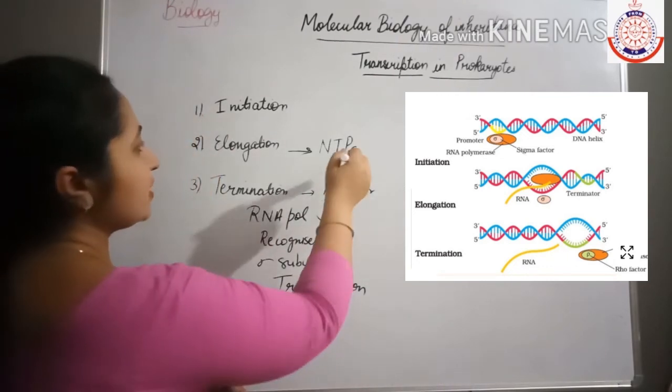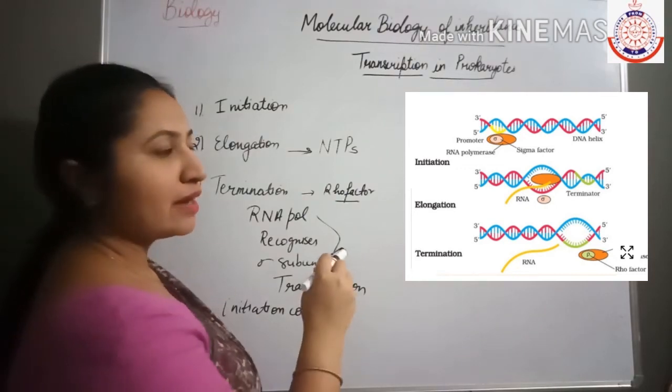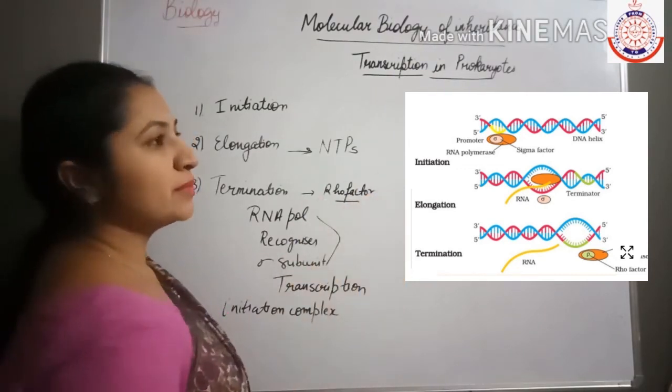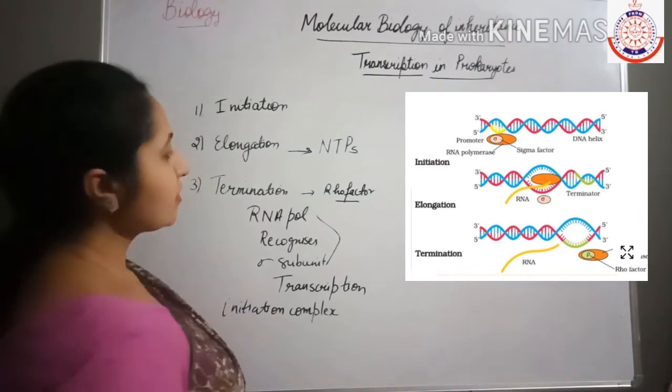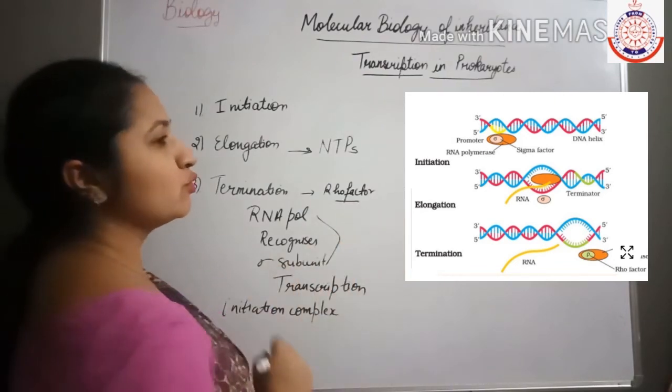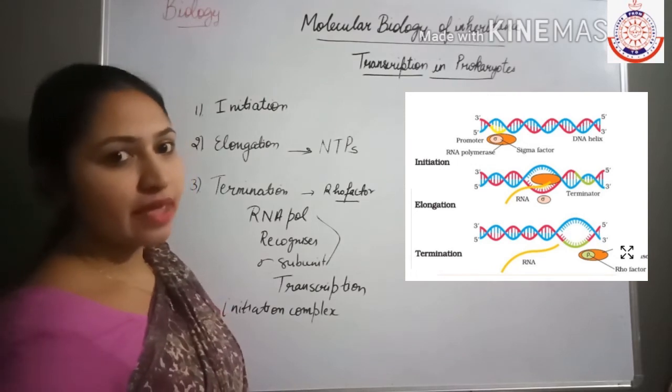Now as the NTPs add on, and the RNA polymerase reaches the terminator region, then the rho factor binds with it, and the RNA chain is removed from the DNA helix.